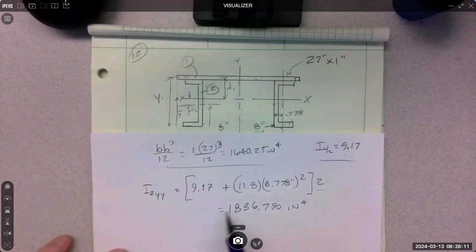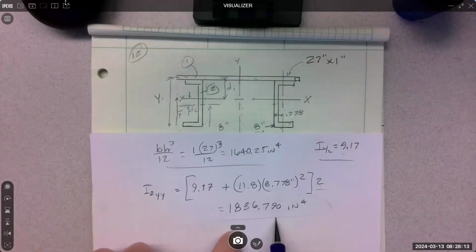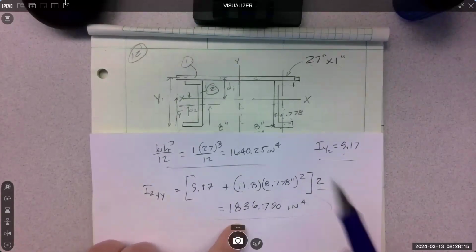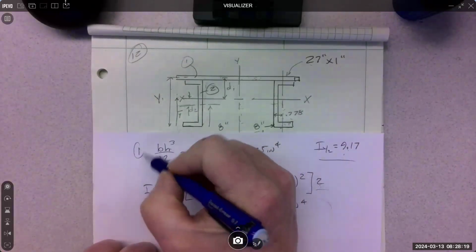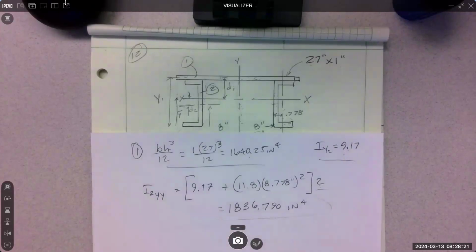So that is 2 C shapes transferred, and we need to add to it our plate, our shape number 1, for our total.